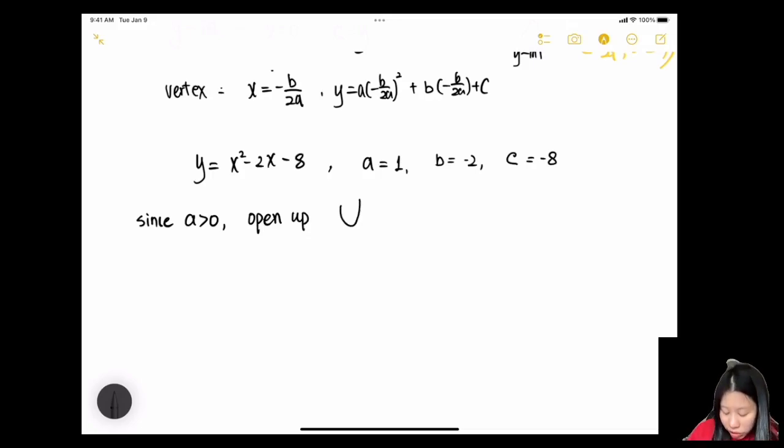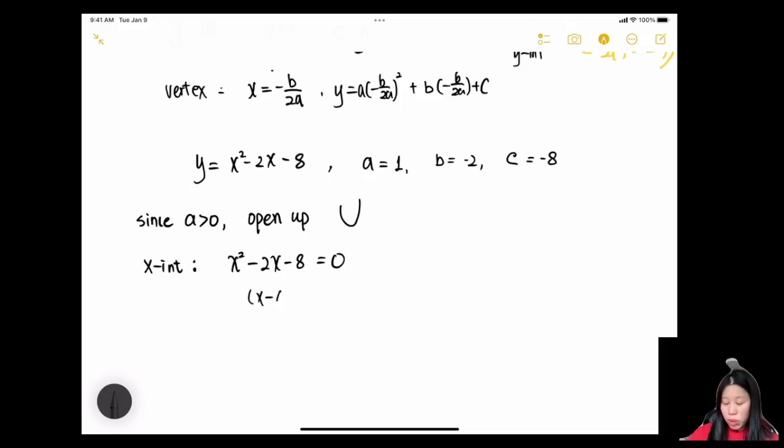Okay, next step is find the x-intercept. The x-intercept is when the function equals 0. So I have x squared minus 2x minus 8 equals 0. We already learned many ways to solve for x. Either we solve by factoring it, or by completing the square, or use the quadratic formula. You can use any way that you want.